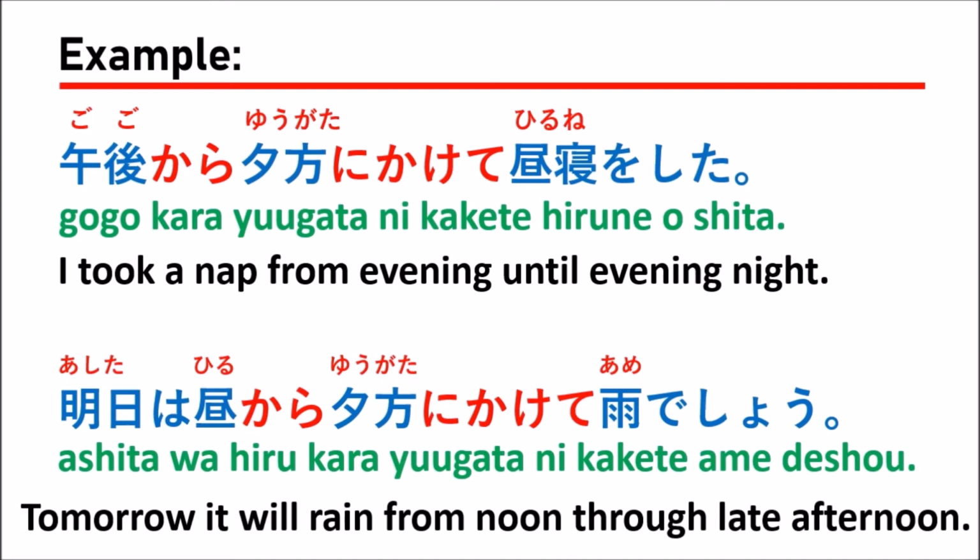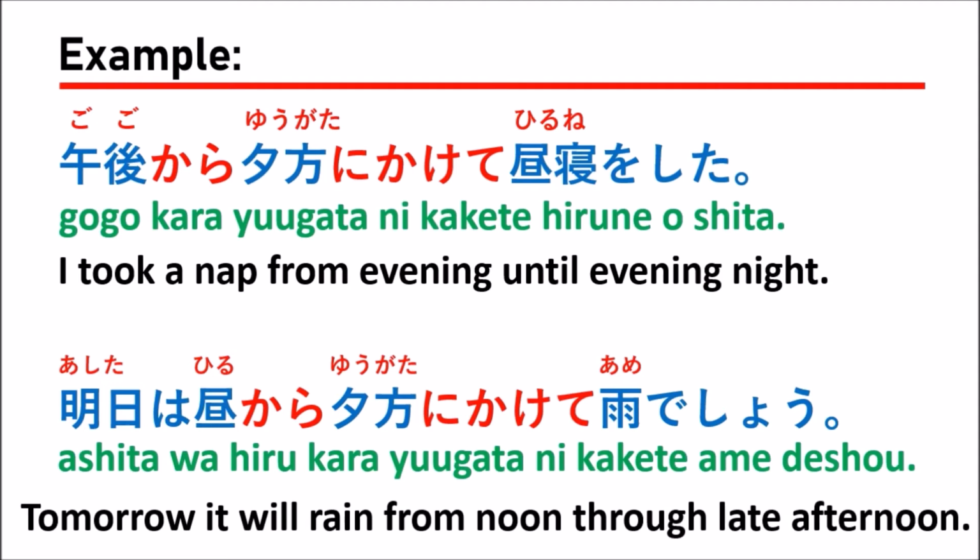And for the second sentence, they say 明日は昼から夕方にかけて雨でしょう。Which means tomorrow, right? 明日 means tomorrow. 昼から夕方. Hiru means 12 p.m., or we can say gogo, right? Hiru means 12 p.m. from. And yukata means night, about 6 o'clock or 8 o'clock or 9 o'clock, around like that.